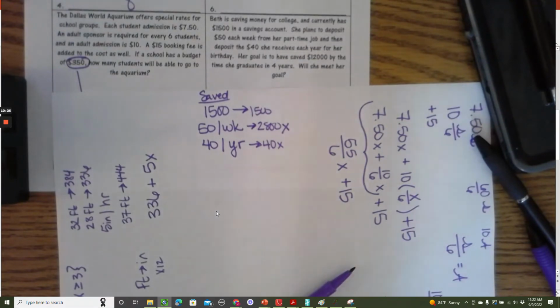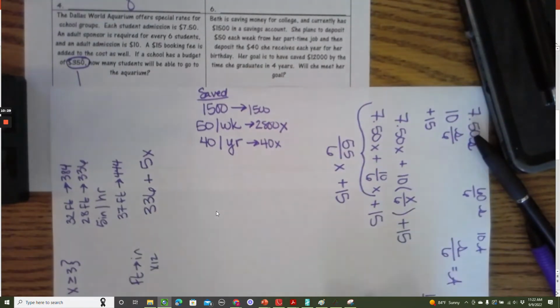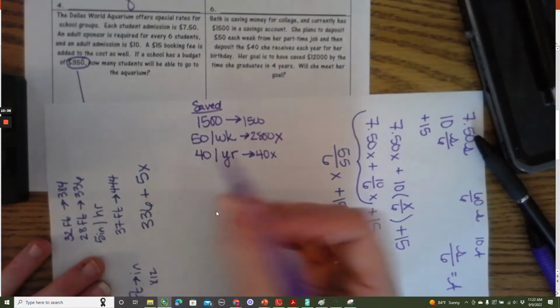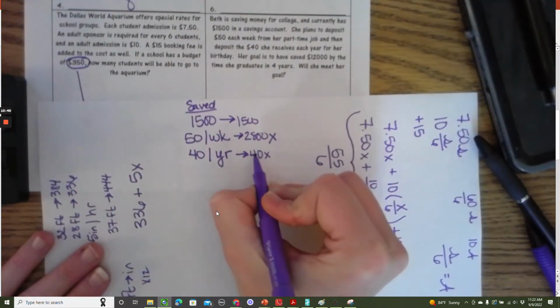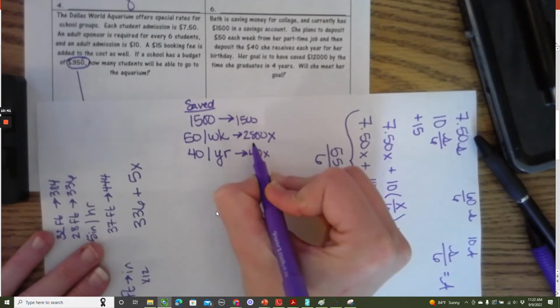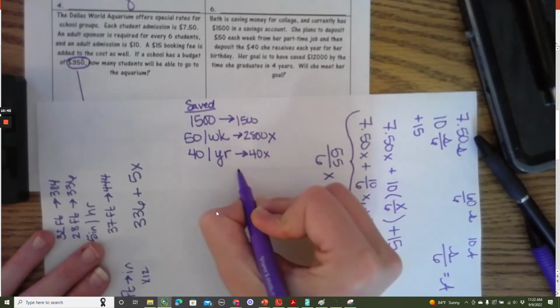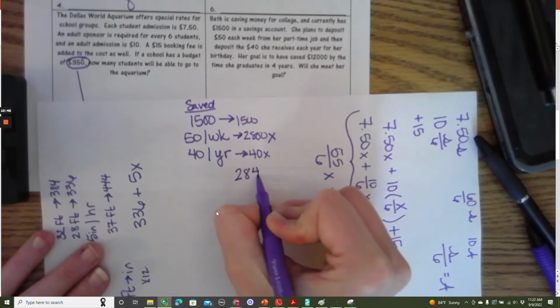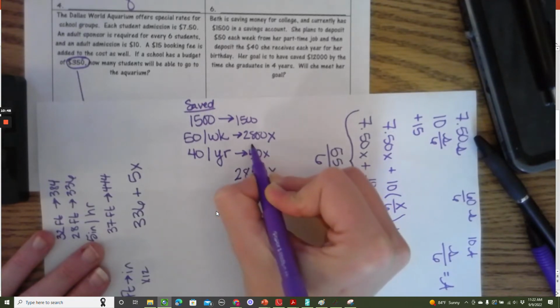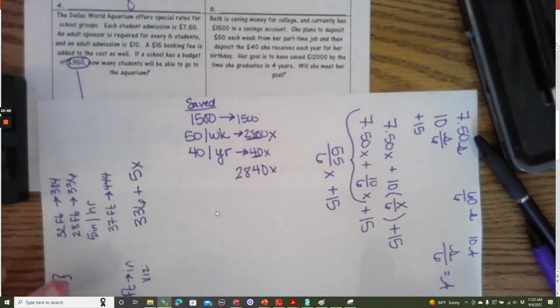You need them to both be weeks or both be years, and it's easier, like you saw with the feet, to make feet into inches than it is to make inches into years, because your numbers start getting ugly. All right, so again, here we've got like terms, so I can combine these into 2840x, and literally I'm just adding these coefficients together, which that still doesn't look right.